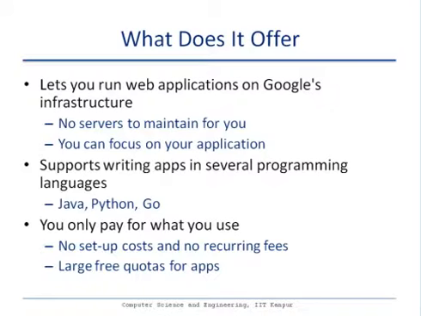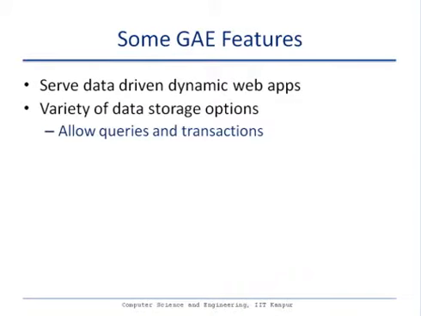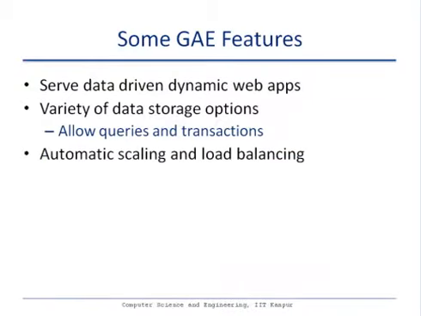Some of the common features that it supports are, number one, it allows you to build dynamic web applications. So it supports several common web technologies which you can use to build your web application. And also it provides you persistent storage in which you can store your application's data, and it allows querying and sorting and transactions, etc., which are fairly common features whenever you are developing a data-driven dynamic web application.